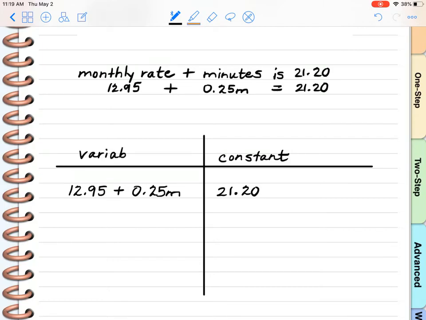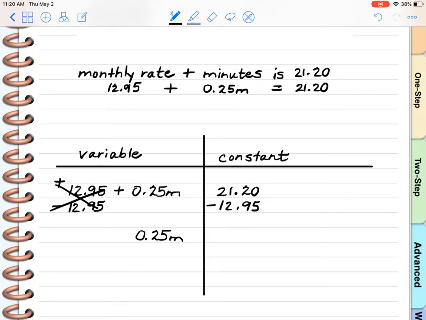So I need to move that $12.95. That needs to go over to the constants. And it's positive as it's sitting there, so $12.95 minus $12.95. So I'm left with the variable part equaling this total amount over here.